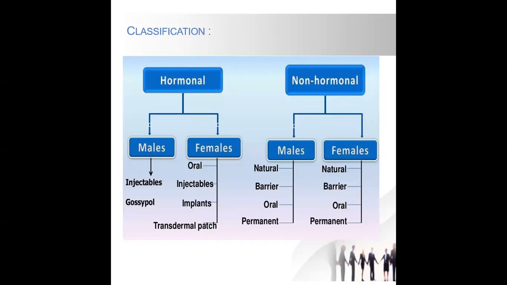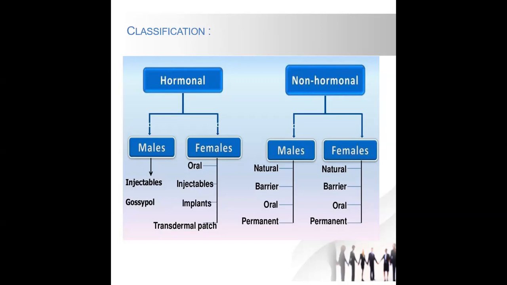In females, there are oral contraceptives, injectables, implants, and transdermal patches. When we talk about non-hormonal agents in males, they are the natural mechanisms, the barrier methods, the oral agents, and the permanent methods. And in females, natural, barrier, oral, and the permanent methods.